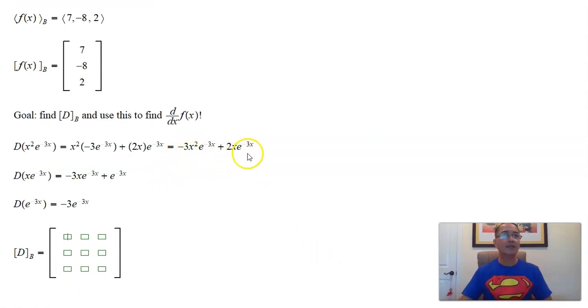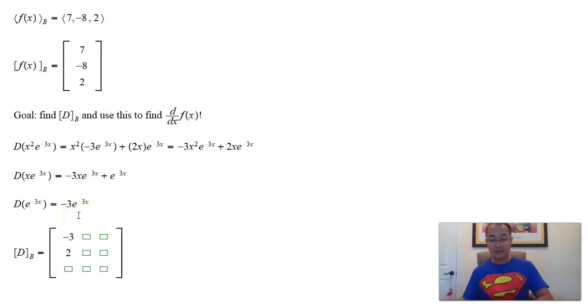So the rule said, put these coefficients into column 1 in the correct order. X squared e to the minus 3x goes first. So we have negative 3, followed by 2. There is no e to the minus 3x by itself, so that should be 0. Next, column 2. Put the coefficients of these into column 2.